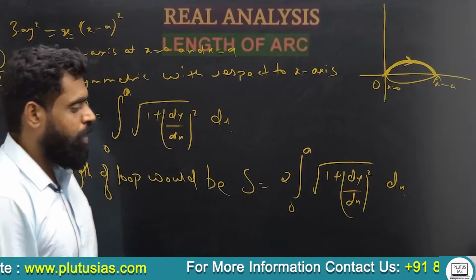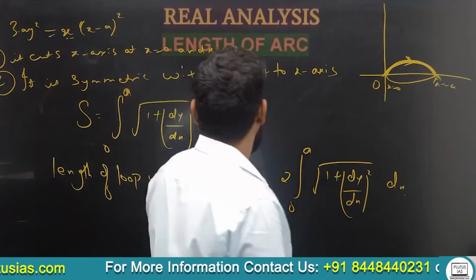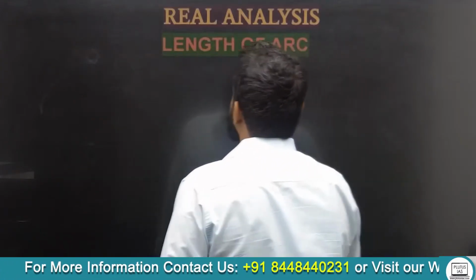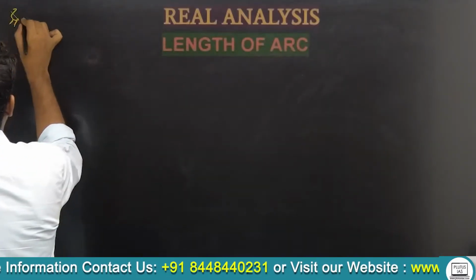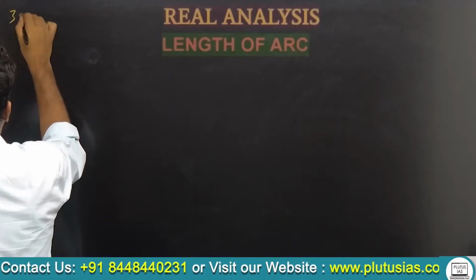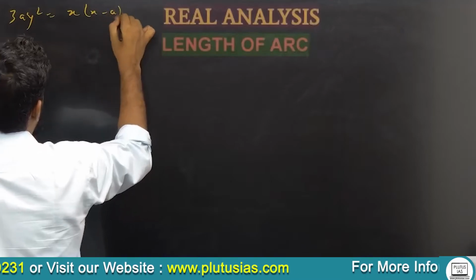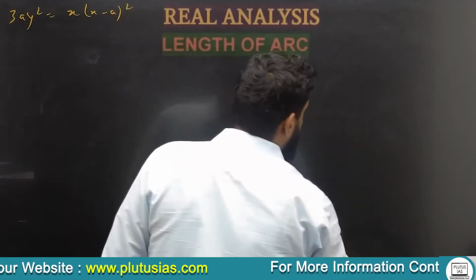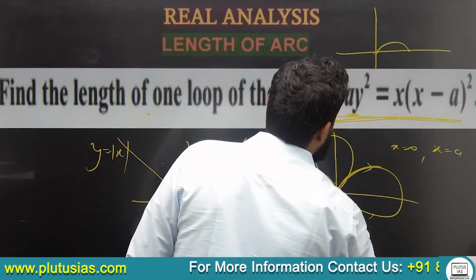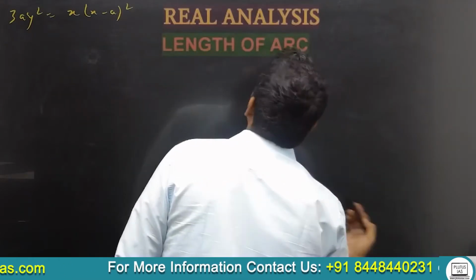Okay, now what do we do? We calculate this equation. We are given that 3ay square equals x minus a whole square, now it's simple mathematics.